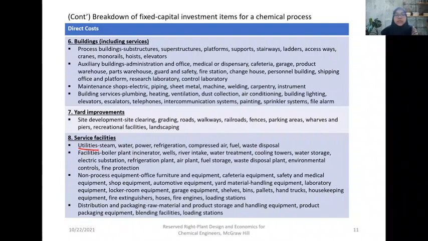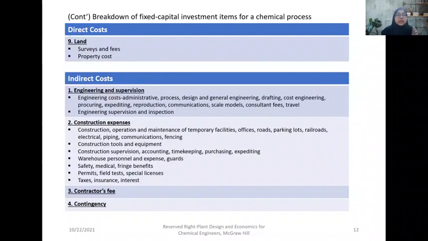The facilities under the utilities include the boiler, water treatment, cooling tower, etc. So basically, the service facility is also categorized under direct cost. And the last item is land. The land includes survey and fee for the location and the land itself, and also the property cost.